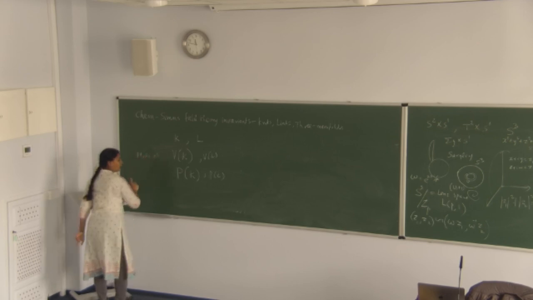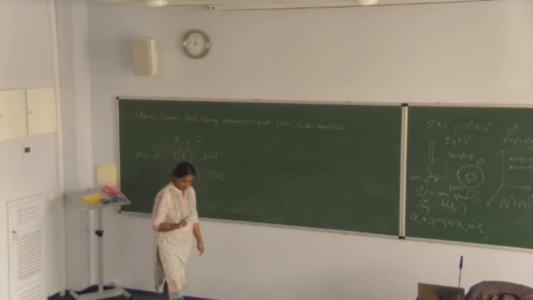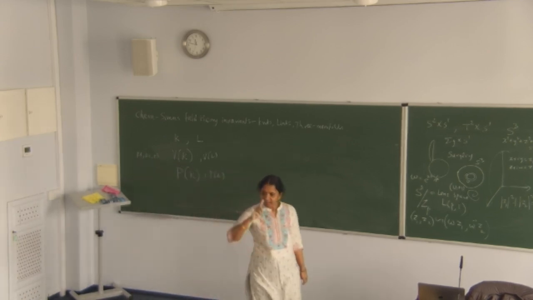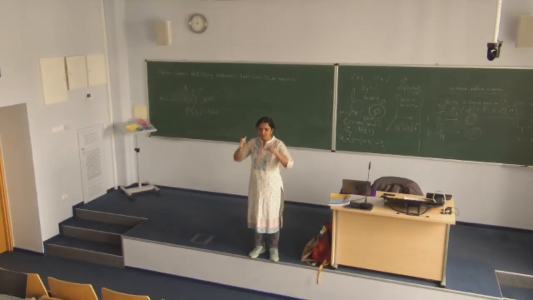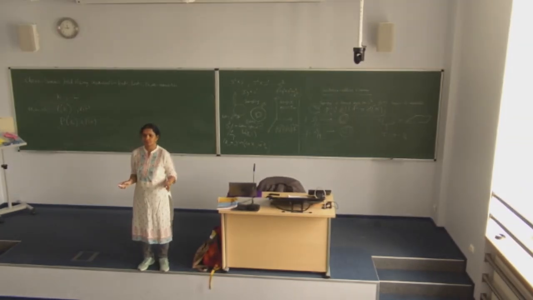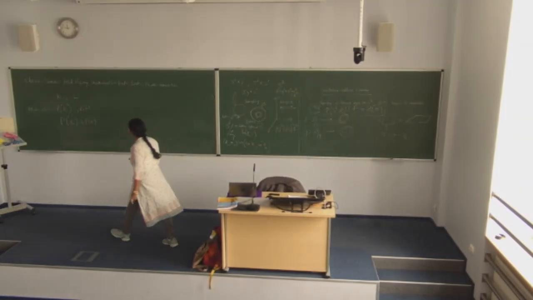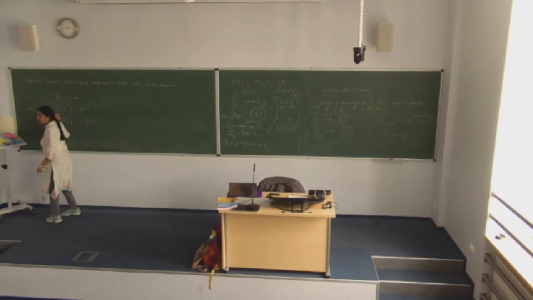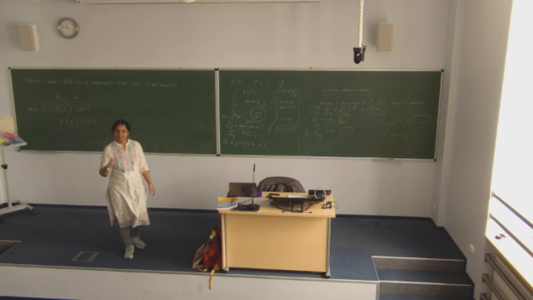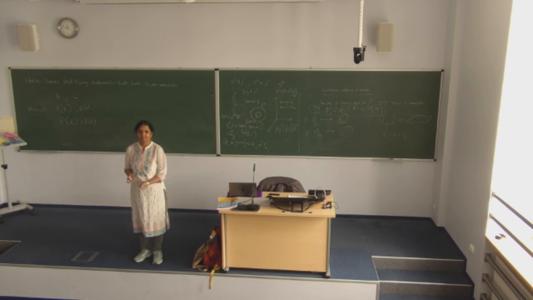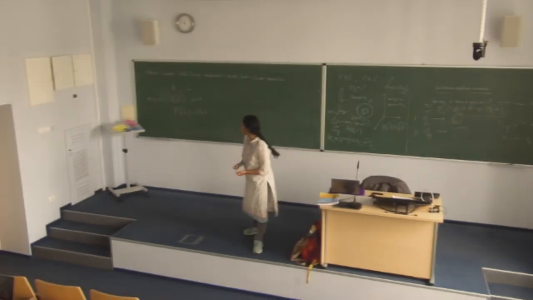So if K and K prime are related by Reidemeister move 1, 2 and 3, the constructed invariant will be equal. The converse is not true. Converse in the sense, if you had K and K prime which are not related by Reidemeister move 1, 2 and 3, that could be accidental symmetries.